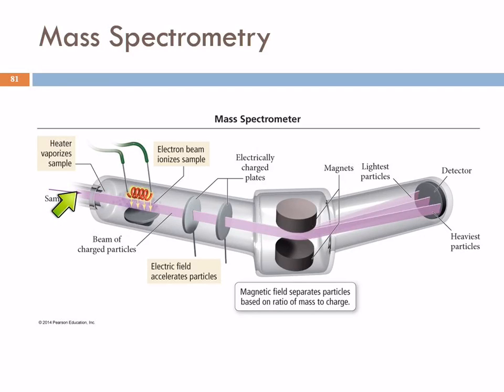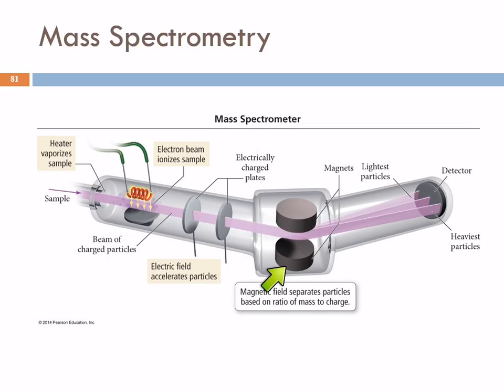So you take your sample and you heat it to make it into a gas. So it's vaporized. It passes through here where there's an electron beam that's going to ionize the sample. So it's going to either make it a positive ion or a negative ion. It's going to have a charge on it. When it has a charge on it, now we can accelerate it using electric and magnetic fields. So we use an electric field to accelerate those particles, and we have a beam that's being sent through here, and then it goes between 2 very strong magnets.